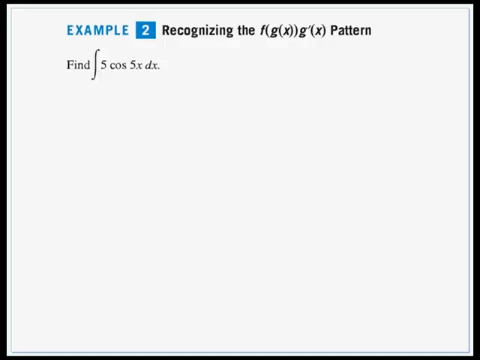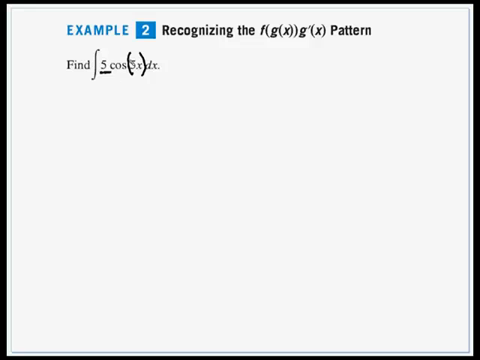Let's see what's going on here in example 2. We have a trig function of a quantity, and that quantity is more than just x, so it's a good bet that this might be our inner function, 5x. So what is the derivative of 5x? Well, it's 5, and we have a 5 right there. So it looks like we're going to be good to go.